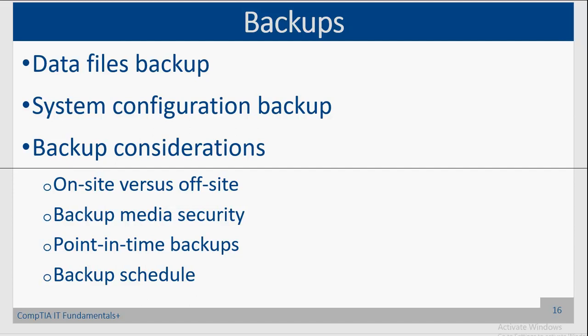So a lot of companies have the main data site, and then they have what is called a DR, or data recovery site. That data recovery site has almost everything, so if something happens to the primary site, you can get it from there.